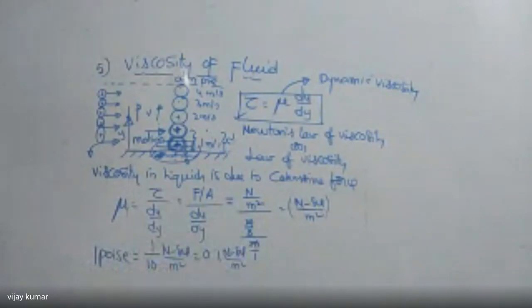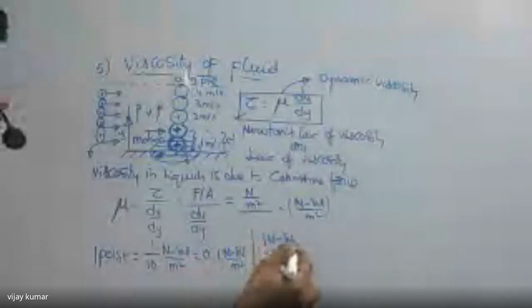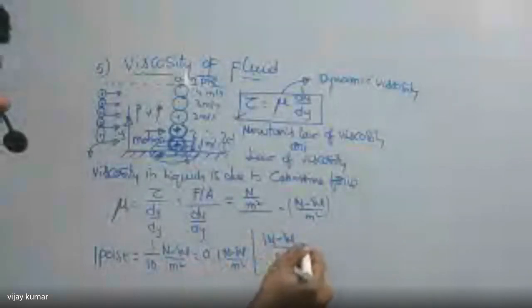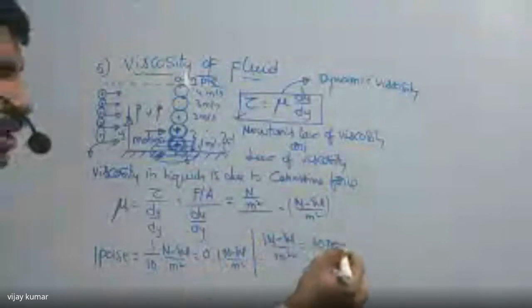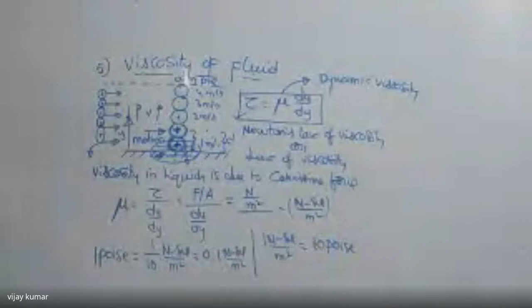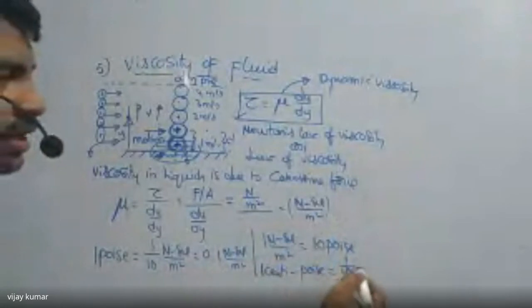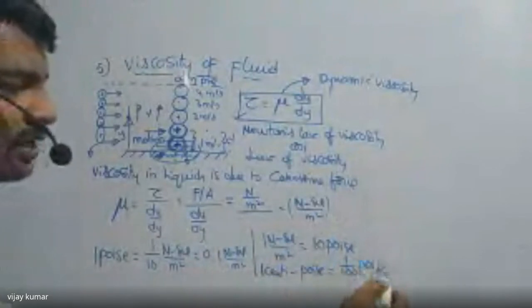Or 1 Newton second per meter square is equal to 10 poise. And 1 centipoise is equal to 1 by 100 times of poise.